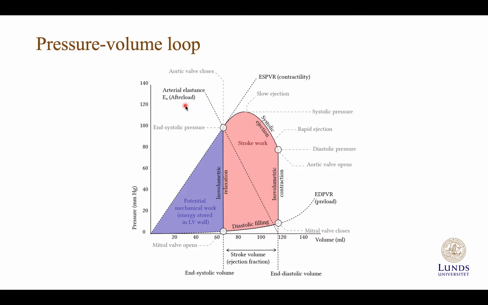So ejection stops. The aortic valve closes because aortic pressure momentarily exceeds left ventricular pressure. The left ventricular volume is now end-systolic volume. The pressure at this point is the end-systolic pressure.